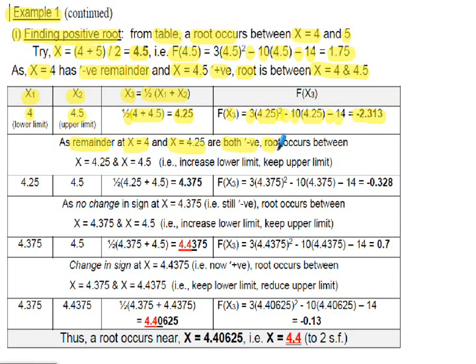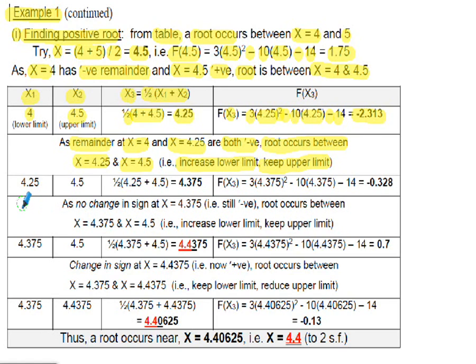So the root that we're looking for must occur between x is equal to 4.25 and x is equal to 4.5. So what we're going to do now is increase the lower limit but keep the upper limit as we go for the interval on the right hand side of the 4.25 x3 value.